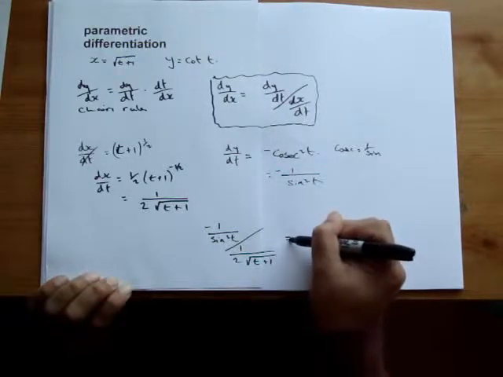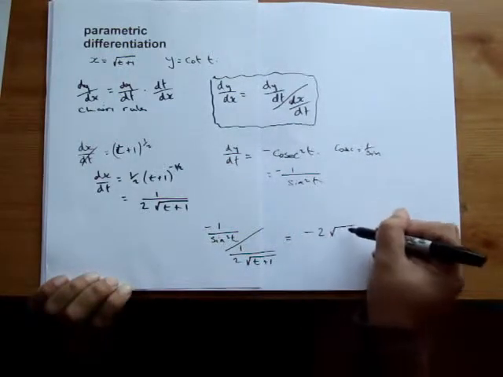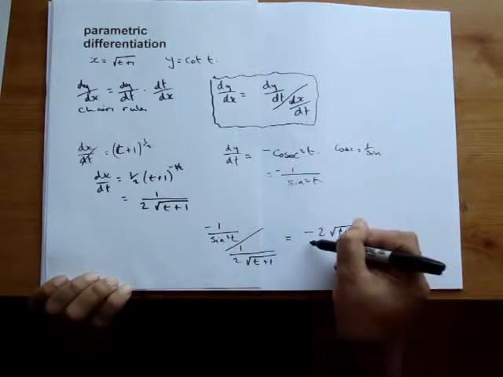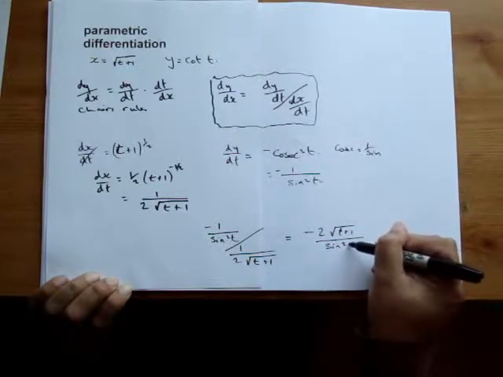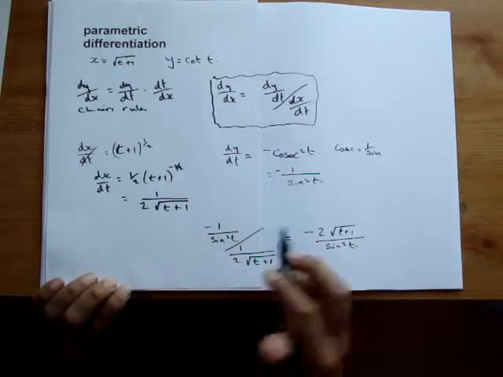And then when we arrange that, we get minus 2 square root of t plus 1 all over sine squared t. And that is our answer.